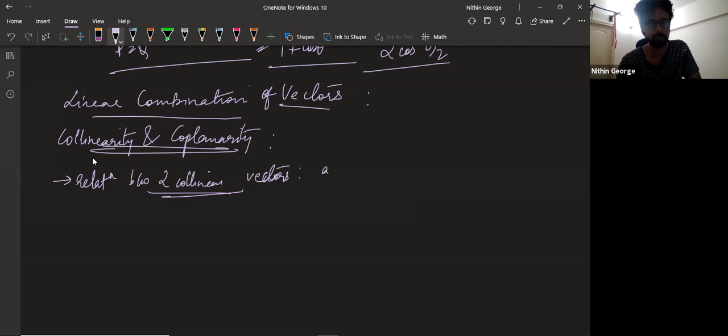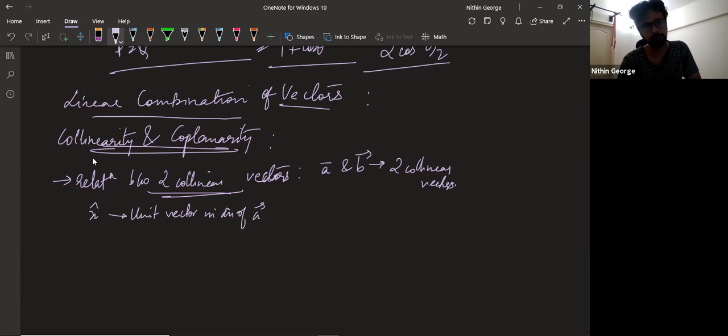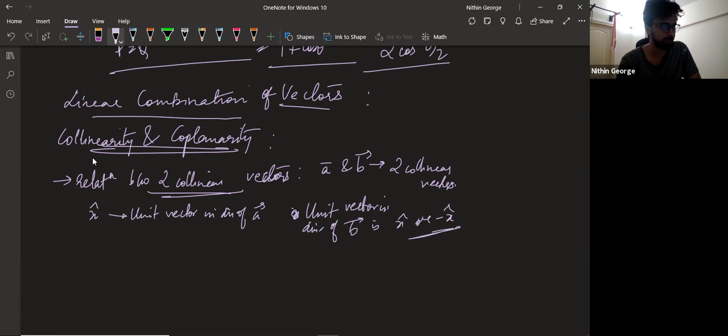A and B are two collinear vectors. If x cap is the unit vector in the direction of A, and the unit vector in the direction of B is x cap or minus x cap, these are collinear vectors.